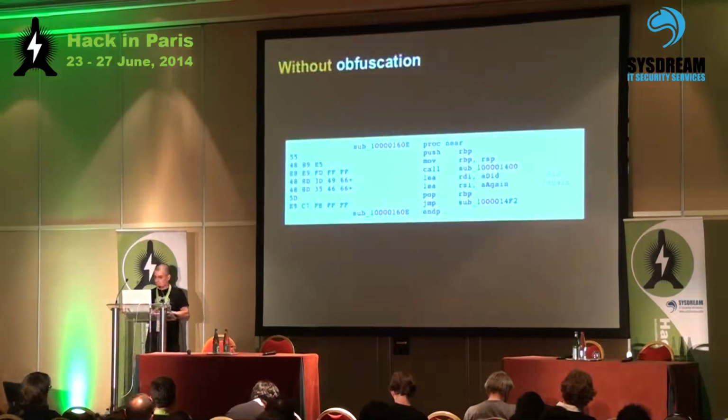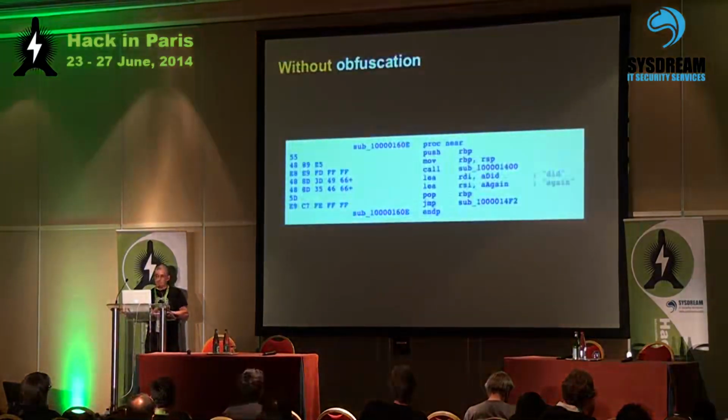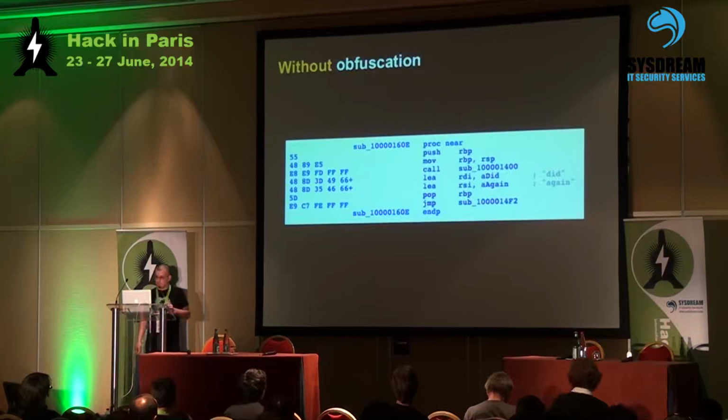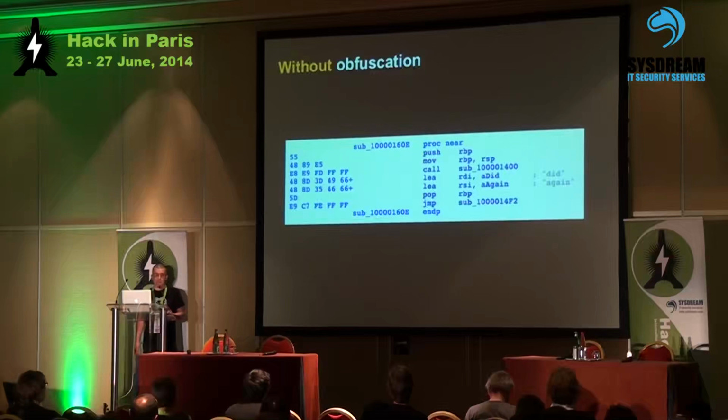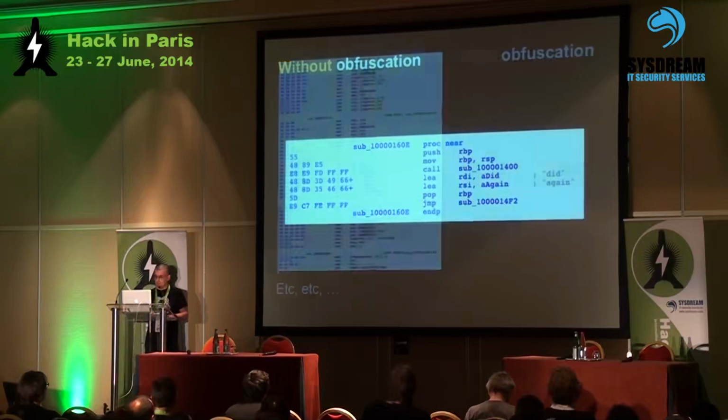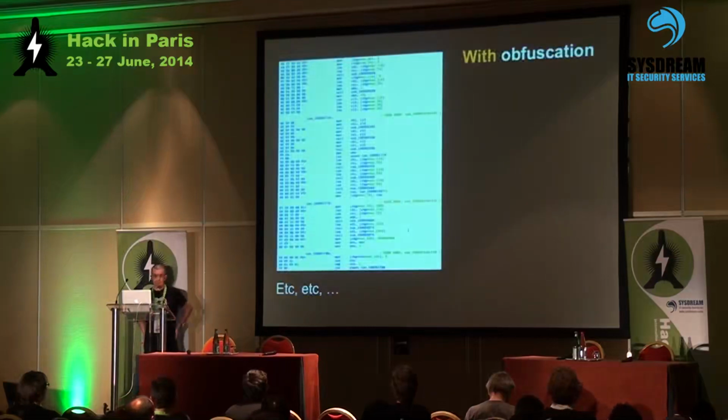So this is the code without obfuscation. In this case, you don't have an actual call, it's a jump because it was optimized by the compiler, but it's equivalent. And if I take the example of my obfuscated call, it's only a small subset of the code generated by the compiler.